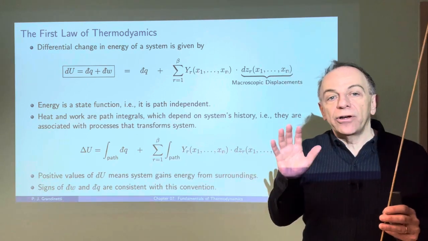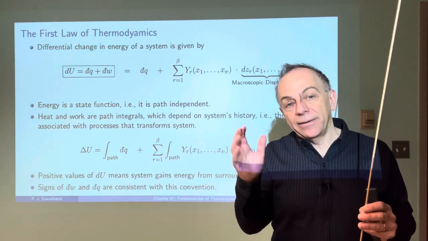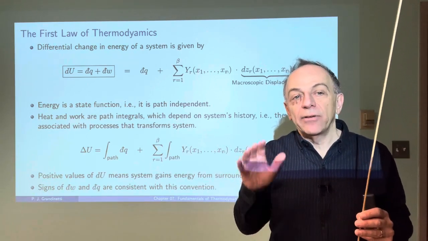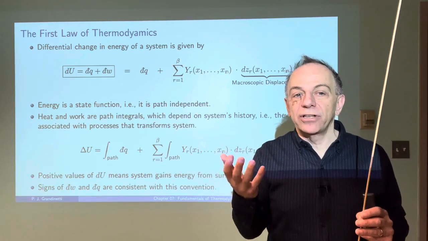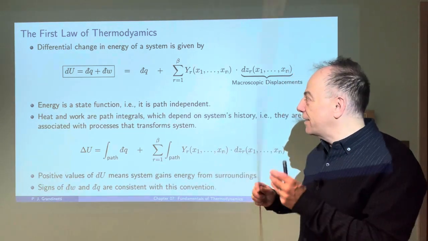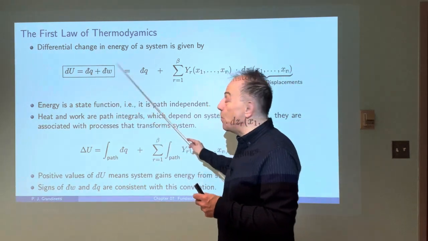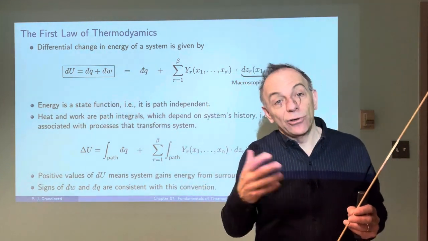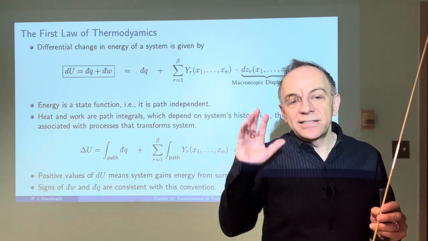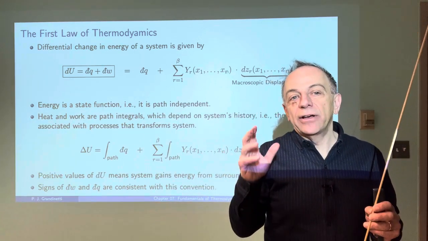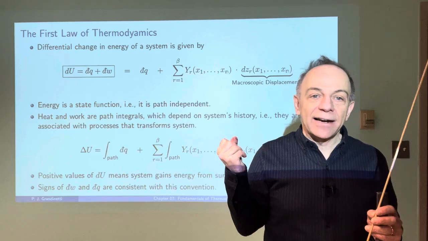Now be careful, there are some engineering books, well, most engineering books, and older physics books where they reverse the sign of work. So if you see the first law is written as dU is equal to dQ minus dW, you're looking at an older physics book or an engineering book. And that's just done because of the perspective that work is something that you extract out of the system.